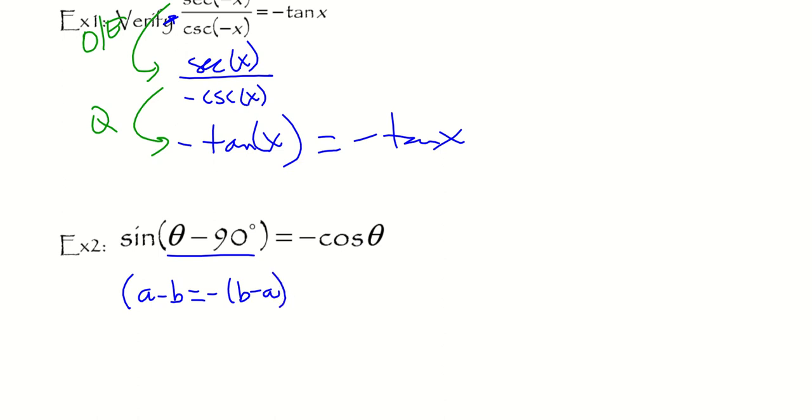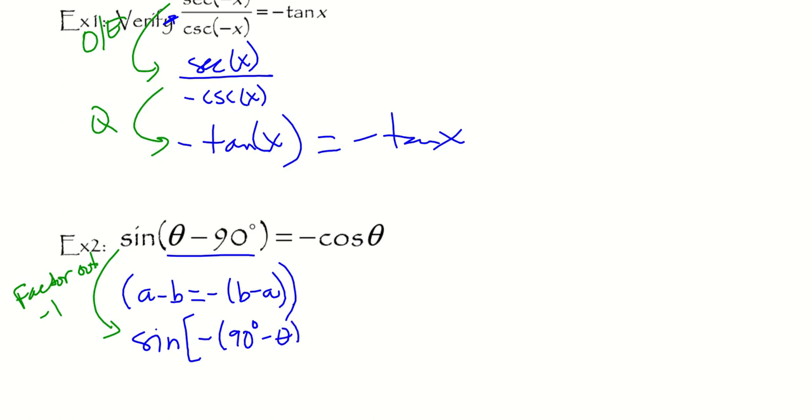So if I apply that principle to the sine of theta minus 90, so right, what I'm really doing is I'm factoring out a negative 1, then I end up with the sine of the opposite of 90 minus theta. Okay? So that's just taking the negative 1 so I can flip this subtraction around.